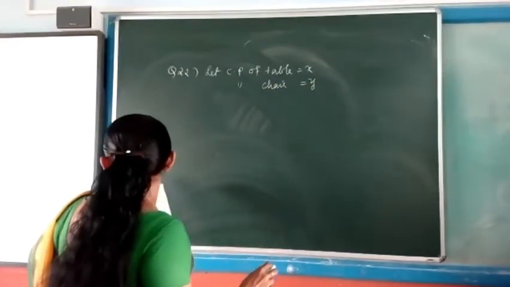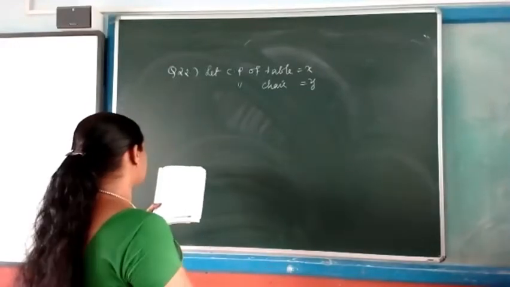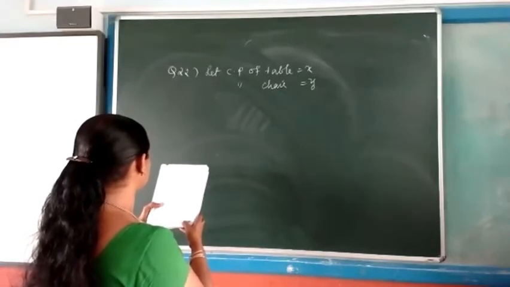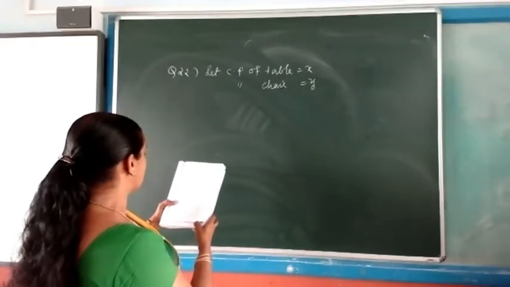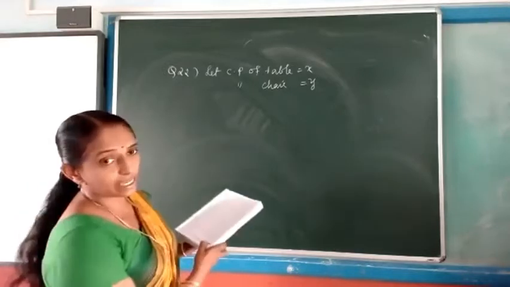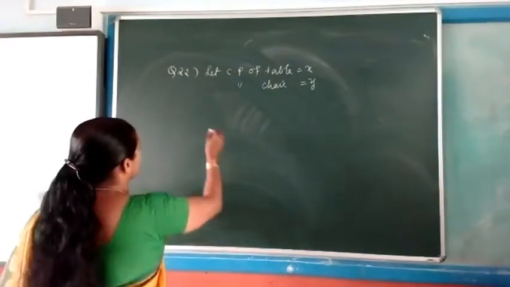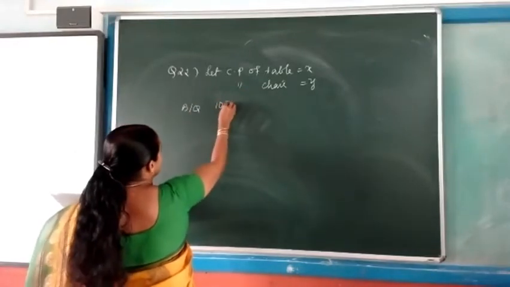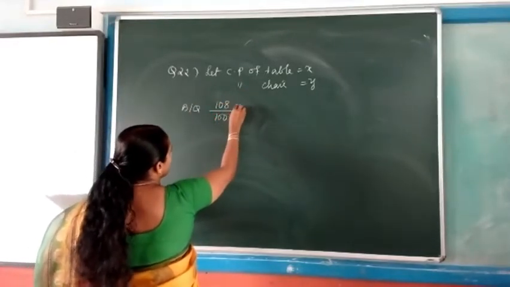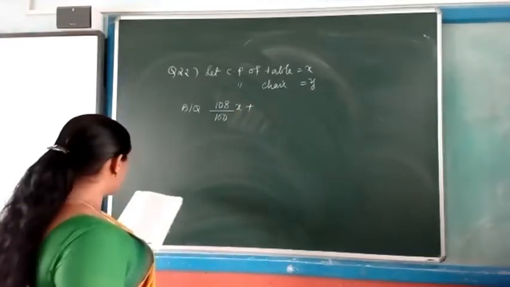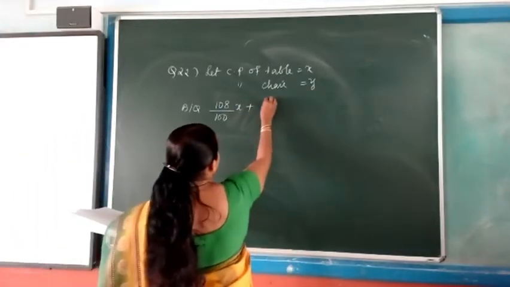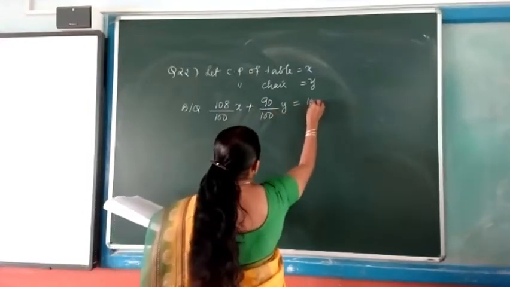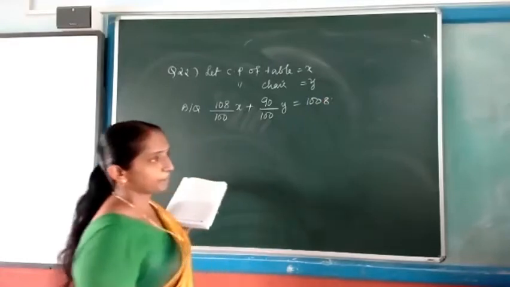It is given that the table sells at 8% profit and the chair at 10% discount, thereby getting rupees 1008 in total. So according to the question, selling price of table is 108 upon 100 of x, plus selling price of chair at 10% discount, 90 by 100 of y. He is getting 1008 rupees.